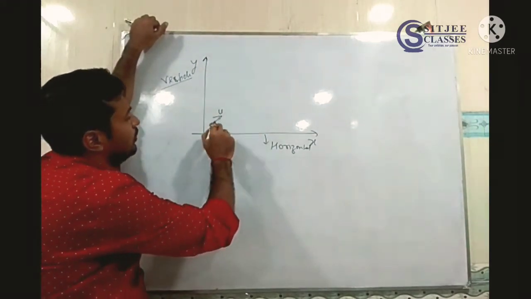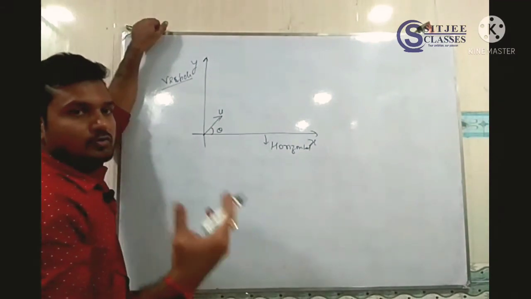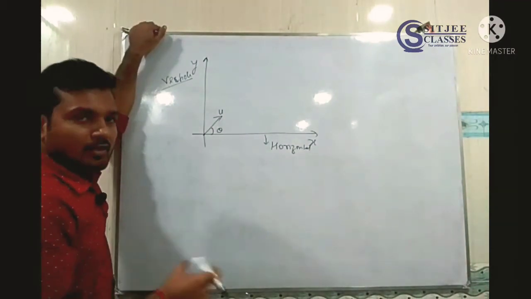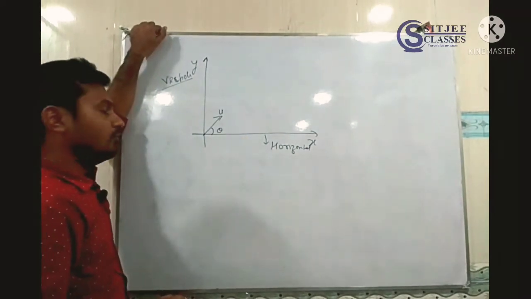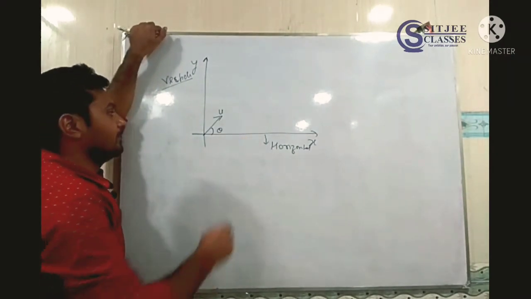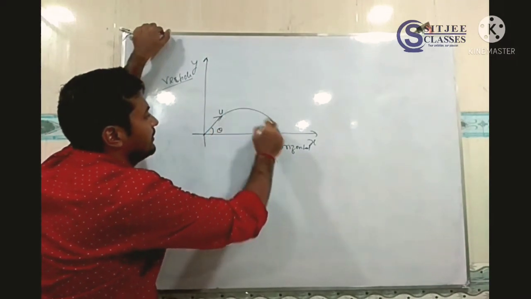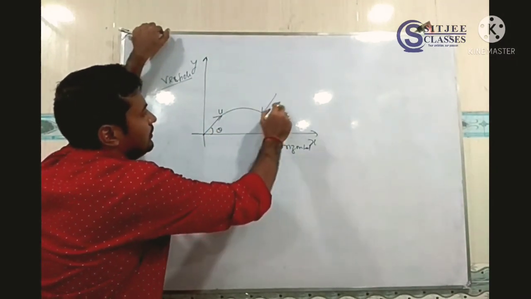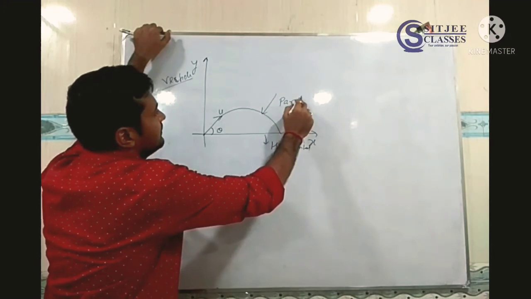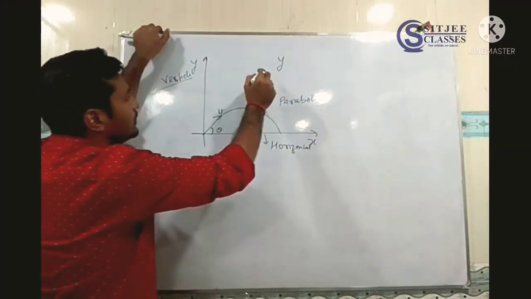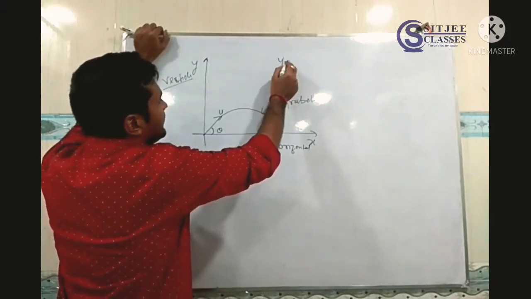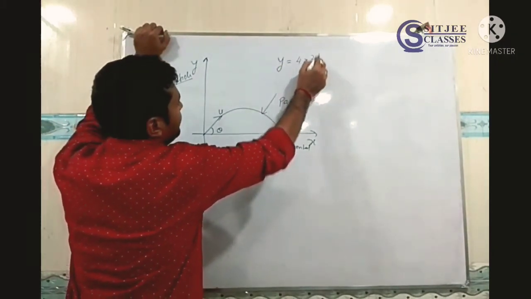Now what happens? Once you throw this projectile, it is out of your reach, and it will be completely under the influence of gravity. So it is going to move on a path, and this path is called parabolic. Why is it parabolic? Because you might have learned this equation, y equal to 4x square type.